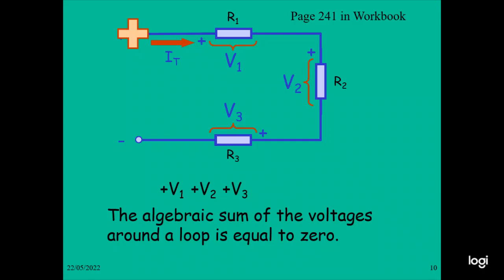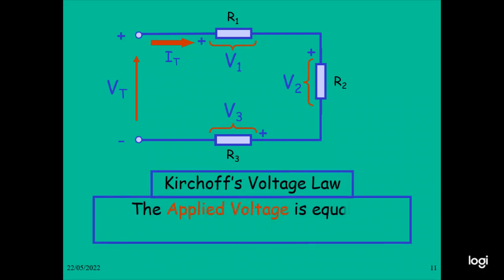So V1 plus V2 plus V3 is equal to VT, so the sum of voltages around the loop is equal to 0, because V1 plus V2 plus V3 minus VT equals 0. Kirchhoff's voltage law: the applied voltage equals the sum of the individual voltages. VT is the applied voltage, and the individual voltages are V1, V2, V3. So the addition of all of V1, V2, V3 is equal to the supply voltage VT.